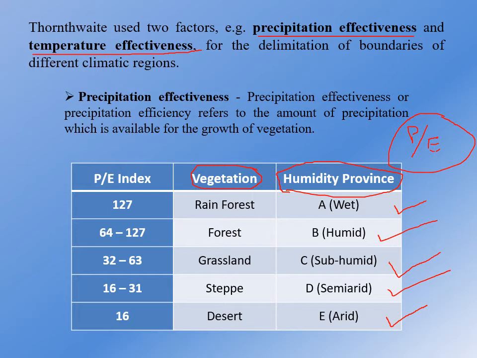That is the rainforest, forest, grasslands, steppe, and the deserts. So all these humidity provinces are distinguished depending on different precipitation effectiveness index values.